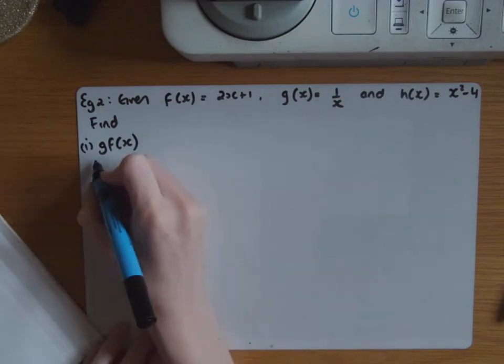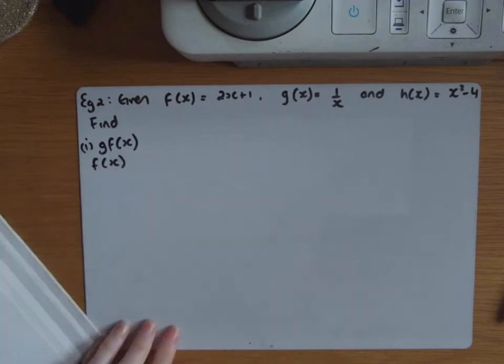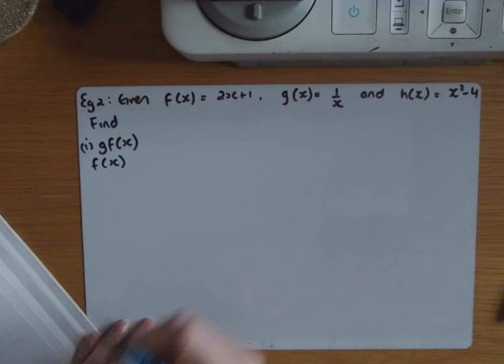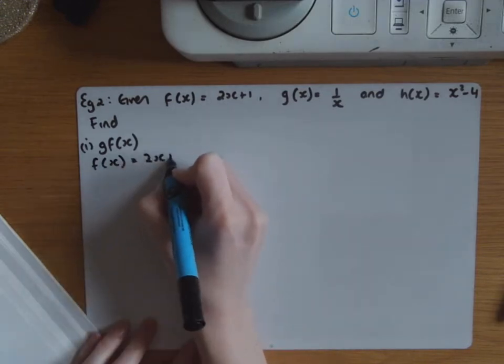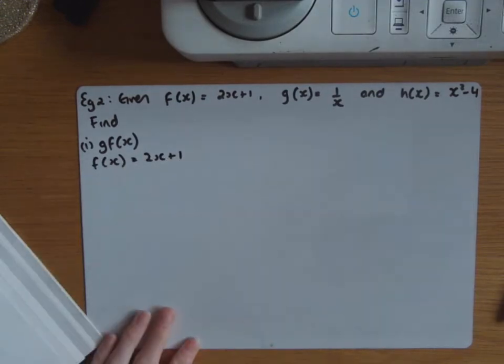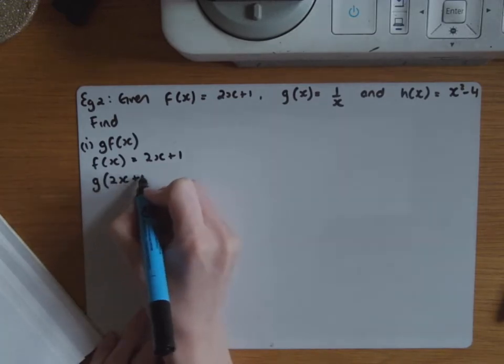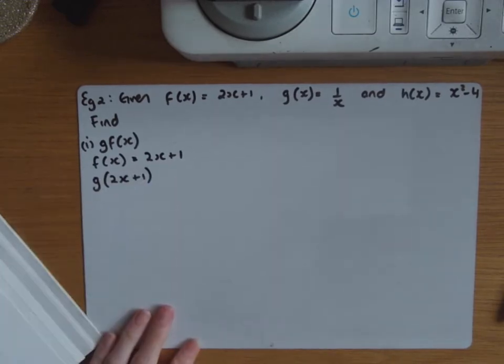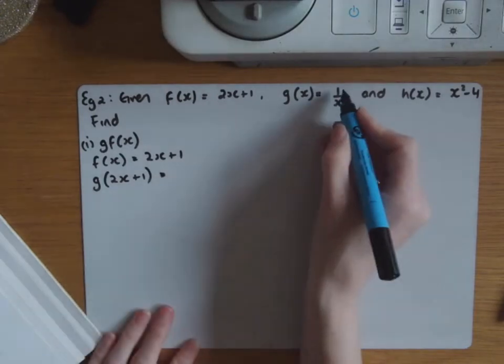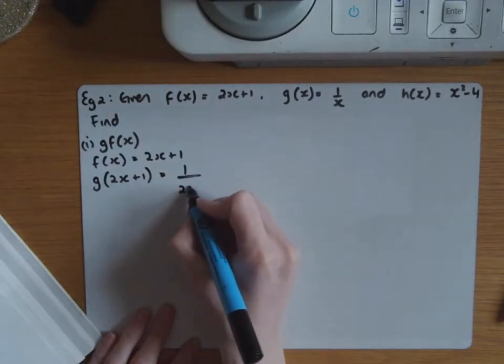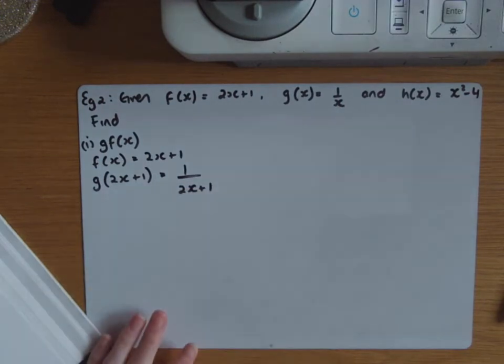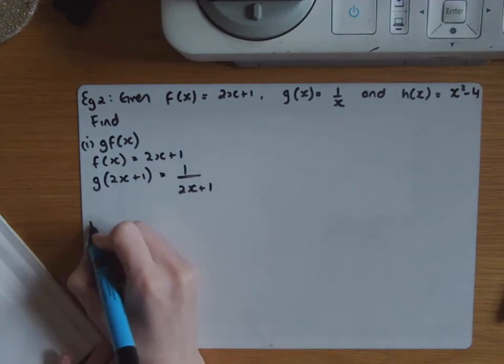So we need to get f of x first, and then we need to get g of my answer. Okay, so my input into the g function is 2x plus 1 now. So it's 1 over 2x plus 1.